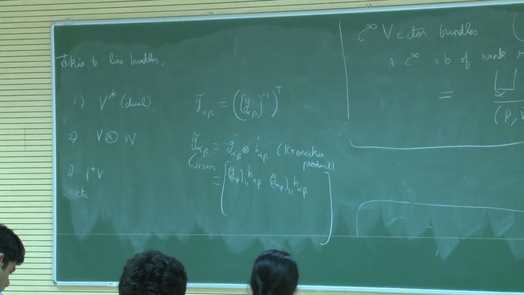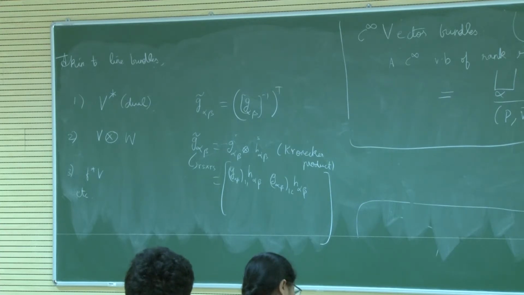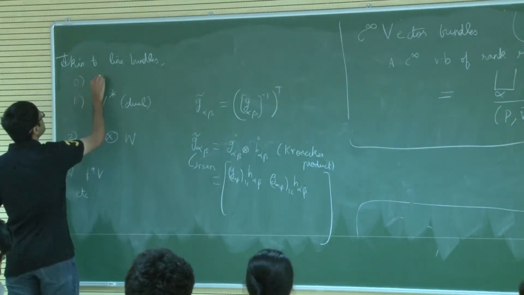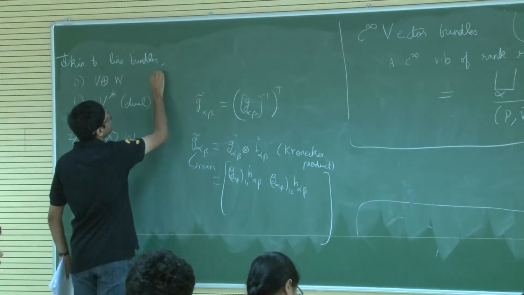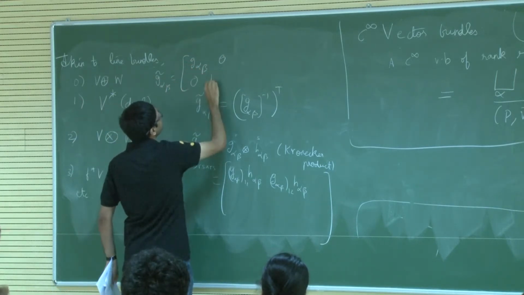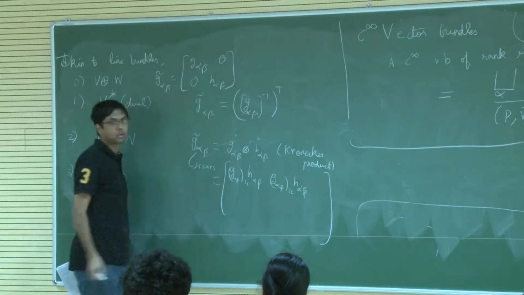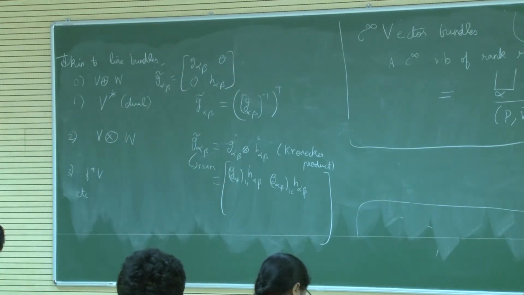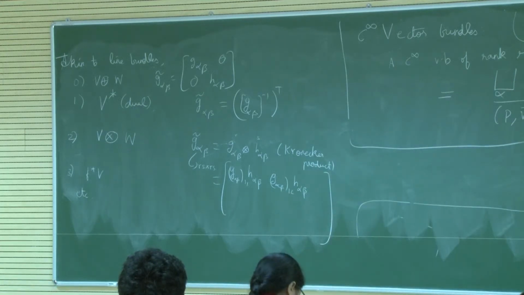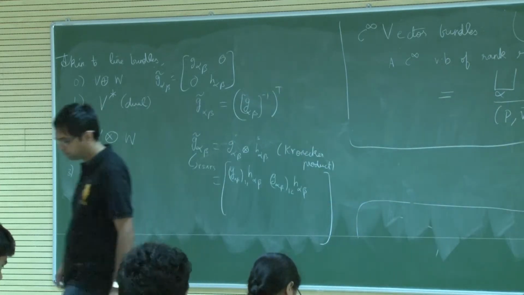So, just like line bundles, you can do all these operations for vector bundles, and you have one more operation, the direct sum, which is just a block diagonal matrix. Let's see if time permits, we'll do that in detail later, or at least Sushmita will do these things. But we need a little bit of this to proceed for what is going to come.